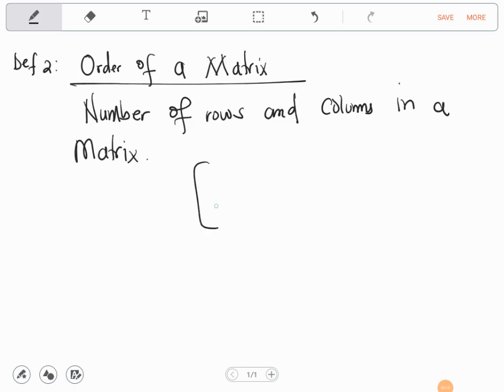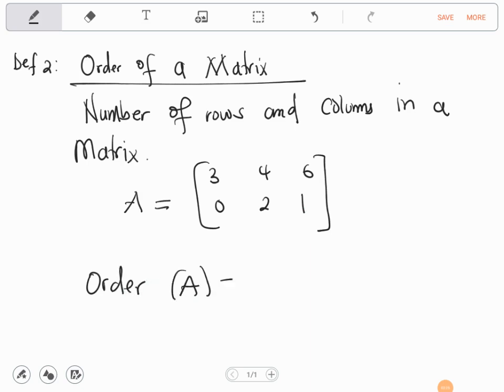For example, you can have 3, 4, 6, 0, 2, 1, and I ask you to find the order of matrix A. What would be your answer?